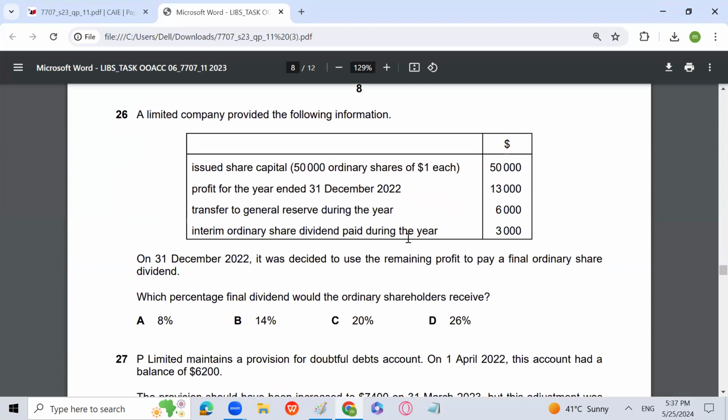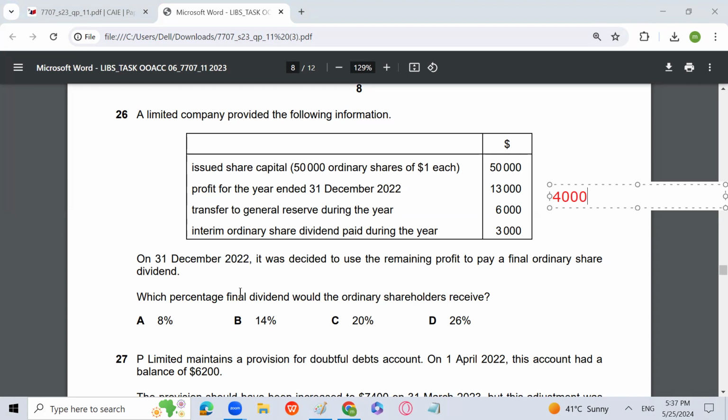This is also another question, question 26, which has come in the past papers very often, and I will show you how to calculate it. 13,000 is the profit, minus 6,000 transferred to general reserve, and interim dividend paid will also be subtracted. So the remaining profit available to pay dividend is 4,000. On 31st December, we have decided to use the remaining profit to pay final dividend. But he's not asking how much profit is available.